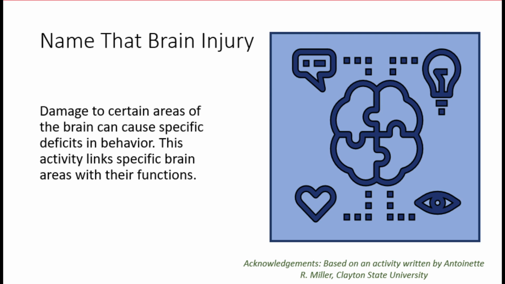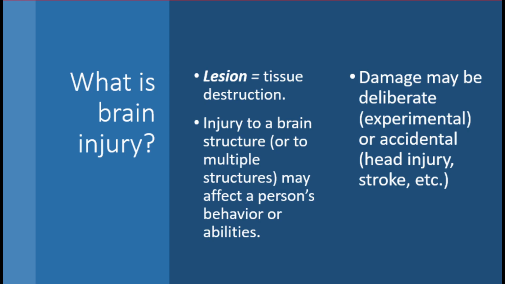And just remember that it's not exact. Our behavior draws from many different areas of our brain, but we do know that some things are mostly localized in one area, and so we see these certain kinds of effects when we have brain injury.